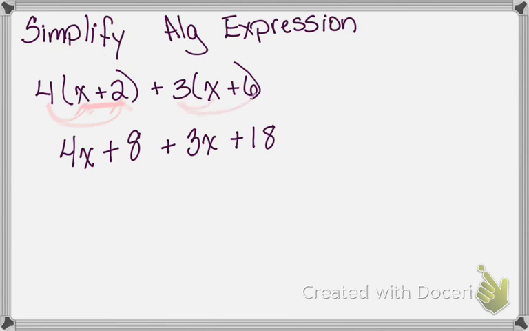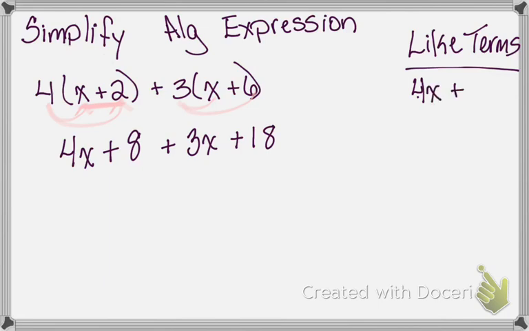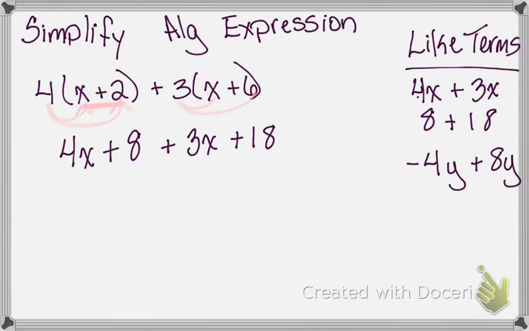Now, we have got to address what's called like terms. 4x and 3x are like terms, as are 8 and 18. Negative 4y and positive 8y are like terms. Any constants, that's a number without a variable, are also like terms.